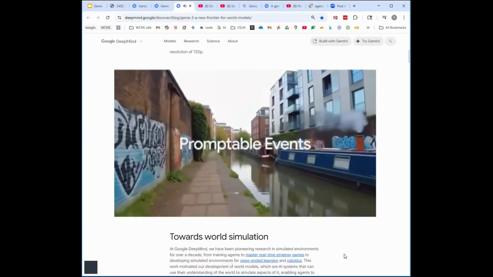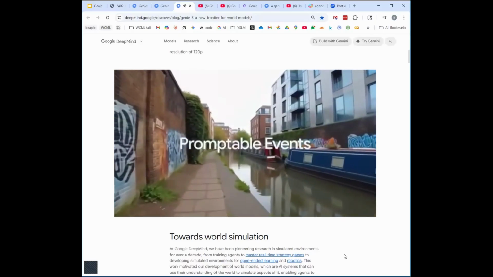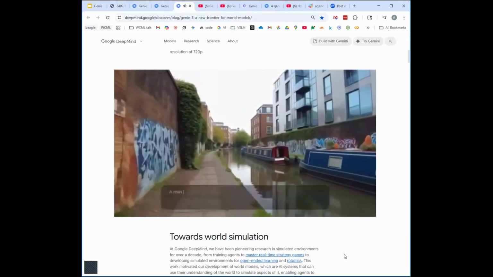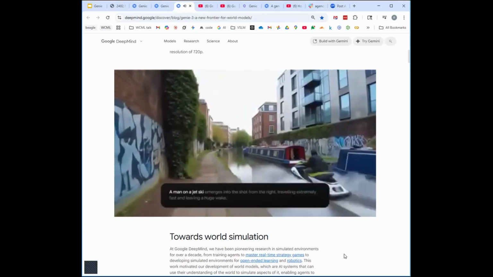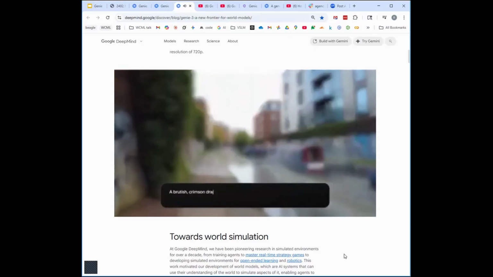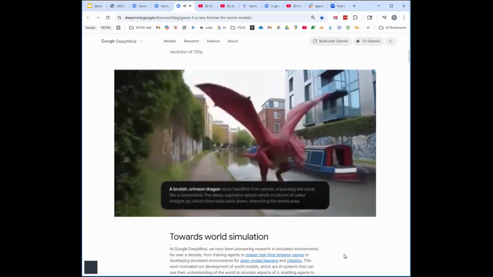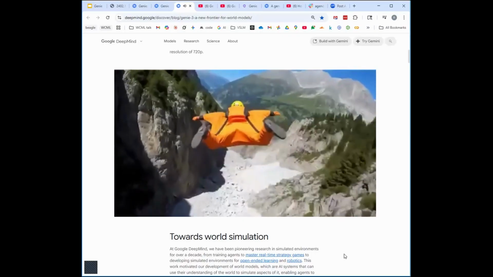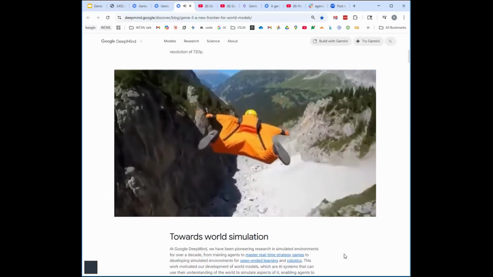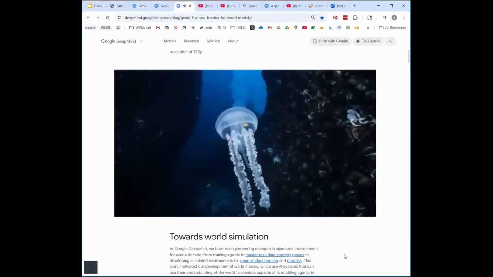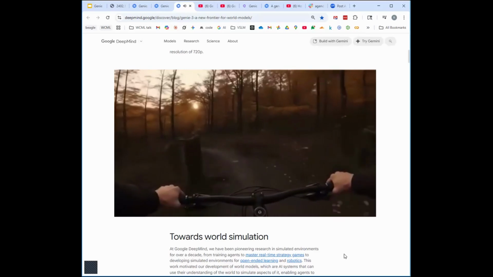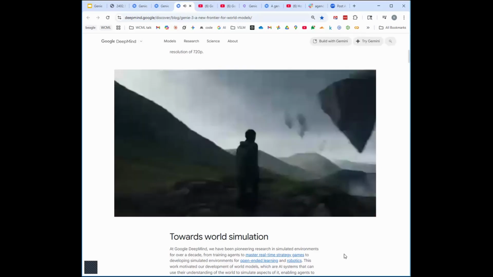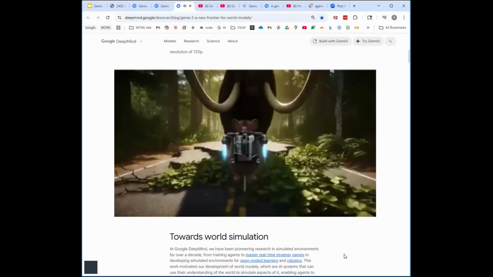And Genie 3 enables promptable events, so you can add new events into your world on the fly. Something like another person, or transportation, or even something totally unexpected. You can use Genie to explore real-world physics and movement, and all kinds of unique environments. You can generate worlds with distinct geographies, historical settings, fictional environments, and even other characters.